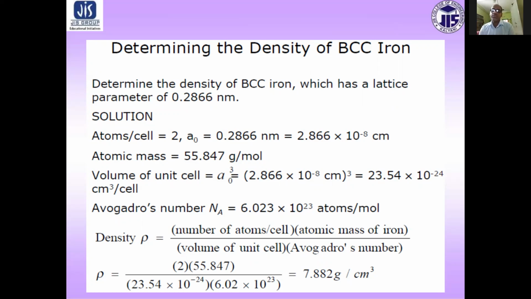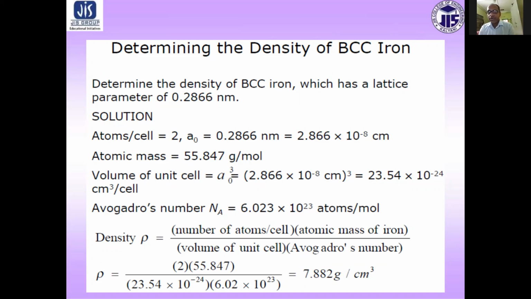The volume of the unit cell is A0 cube, which gives a total volume of 23.54 into 10 to the power minus 24 centimeter cube per cell.